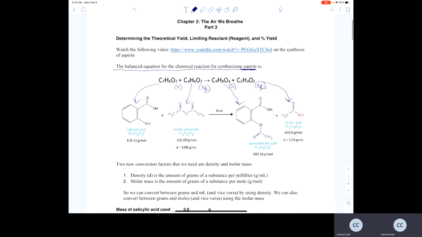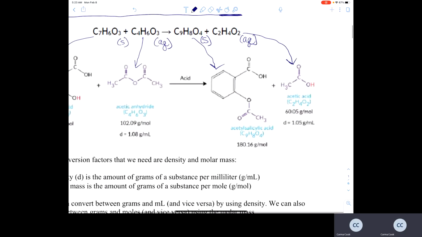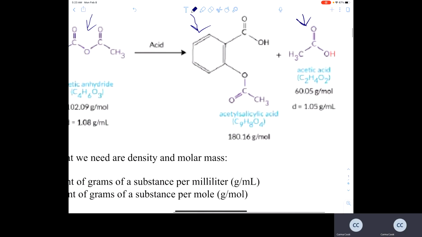Aspirin is one of the products. Aspirin being the common name, the proper chemical name for aspirin is acetyl salicylic acid.